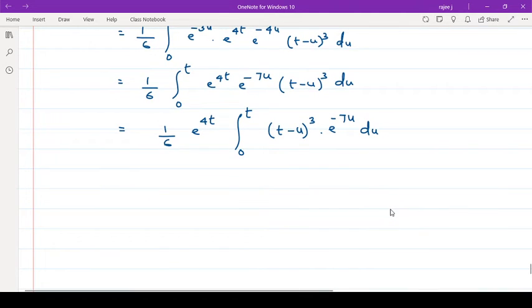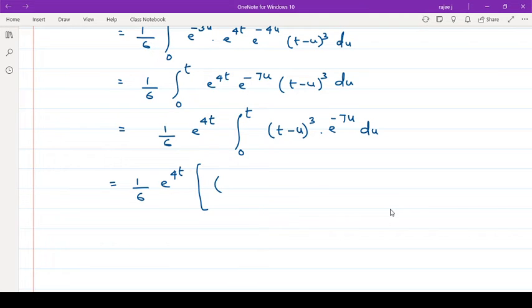So this is 1 by 6 e raised to 4t, and instead of using the product rule, use the Leibniz rule.